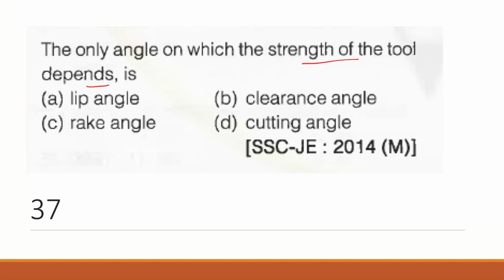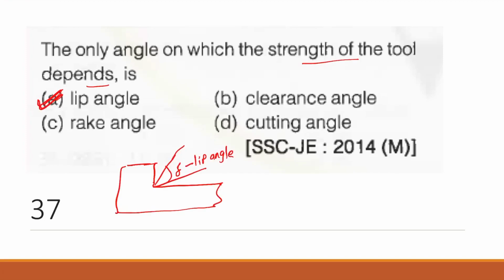The strength of the tool depends on the lip angle, as we discussed earlier. So as this is the workpiece, and this is the cutting tool, this angle is basically the lip angle.